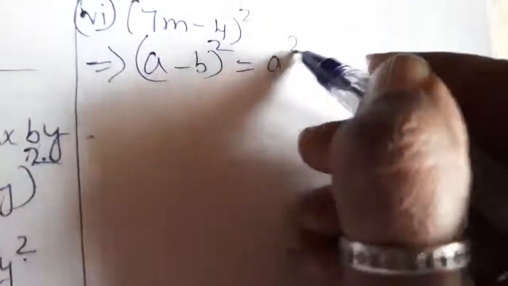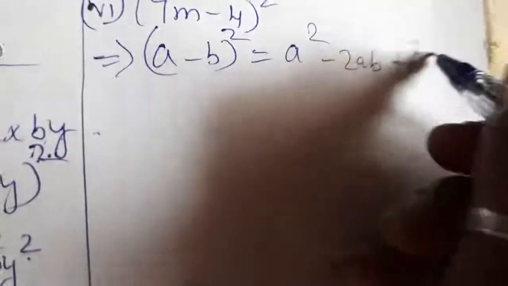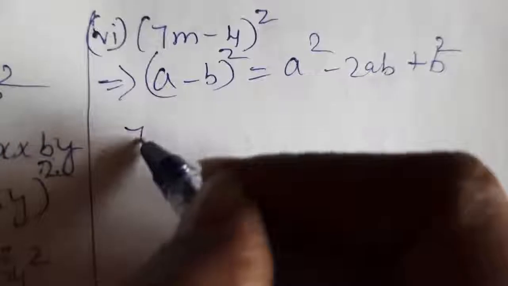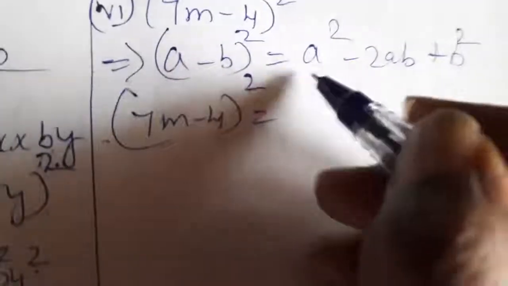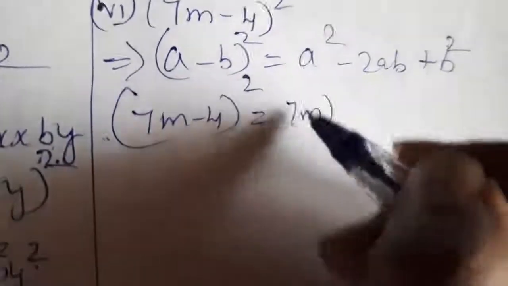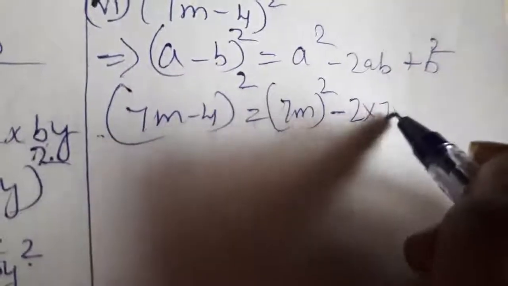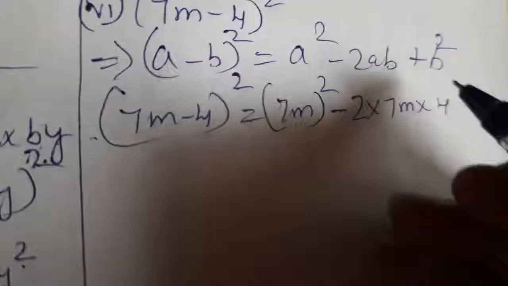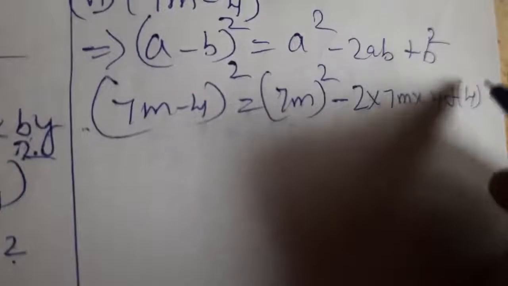So this is (a minus b) the whole square is equal to a square minus 2ab plus b square. So (7m minus 4) the whole square is equal to a square, that means the first term square, that is (7m) square minus 2 into 7m into 4, plus (4) the whole square.